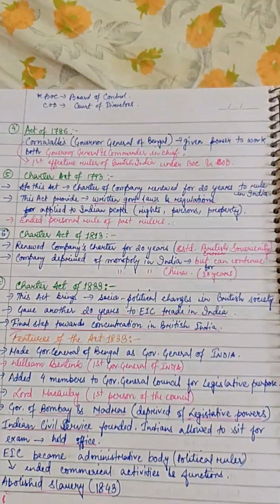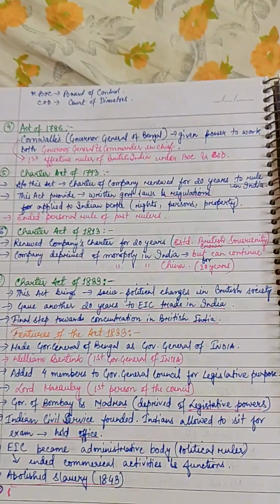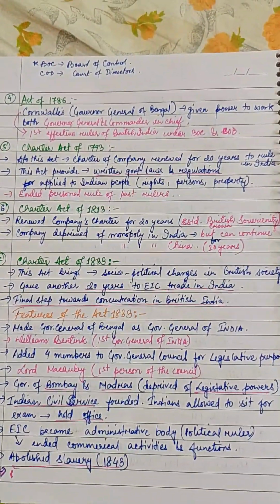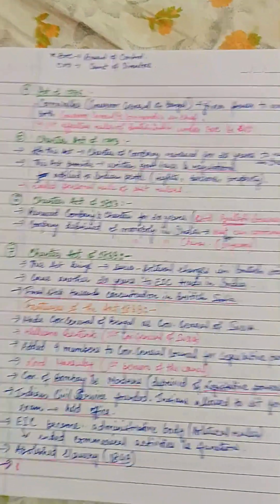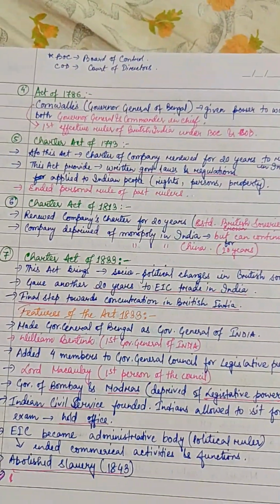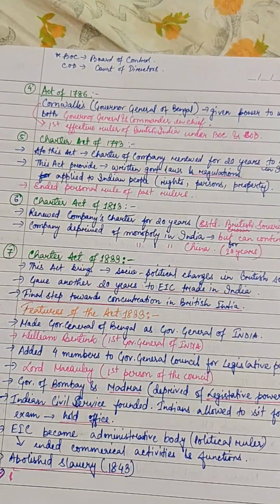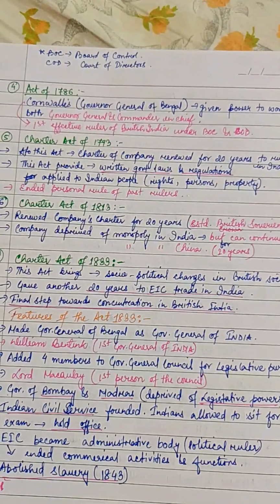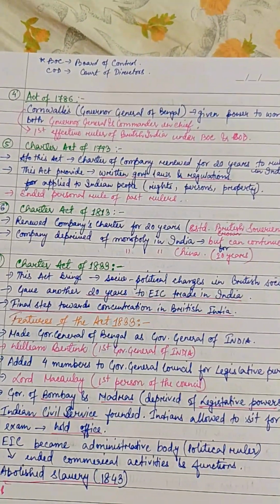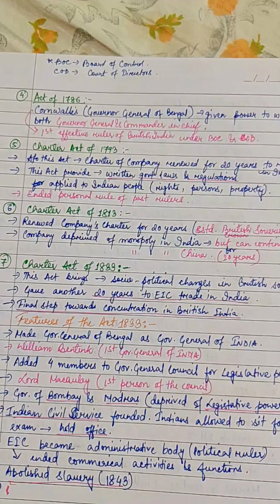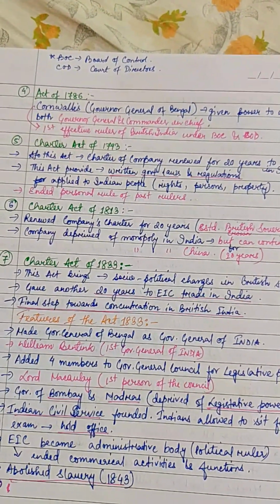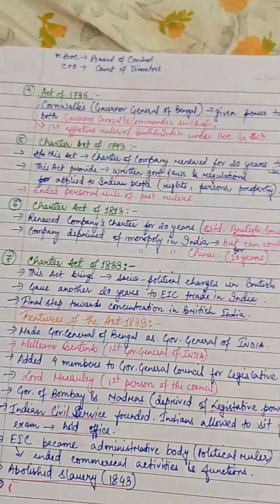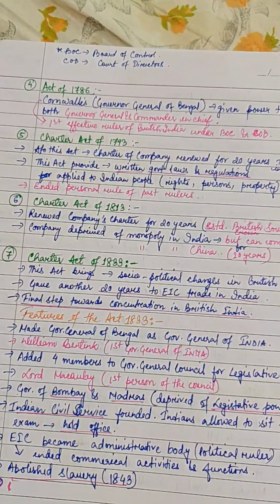So what is this act all about, and what important questions can be asked from this topic? When this act was established, it was Lord Cornwallis who became the Governor General of Bengal. He got the power to work in both posts: one is Governor General of Bengal, and the other position given to him is the first Commander in Chief.